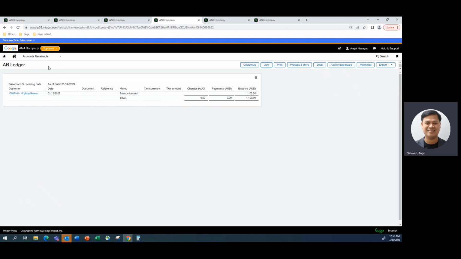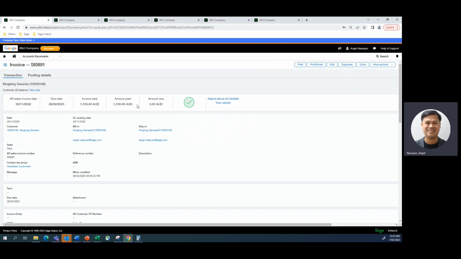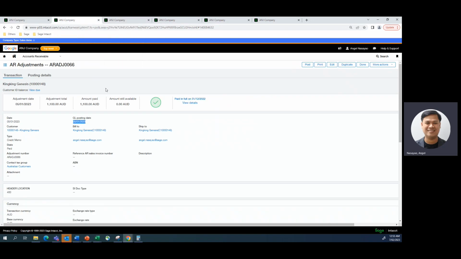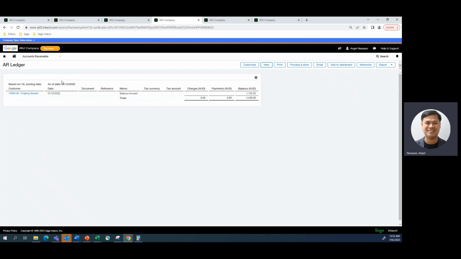But why is it appearing in the AR ledger? Remember, with the AR ledger you still have a balance of 1,100. It's because the invoice, when it comes to the AR ledger, is not considered settled yet, because the credit memo that is being used to offset the AR invoice is dated after the run date, which in our example is the 31st of December.